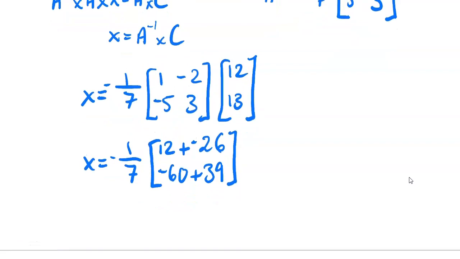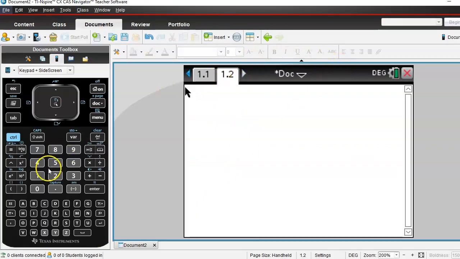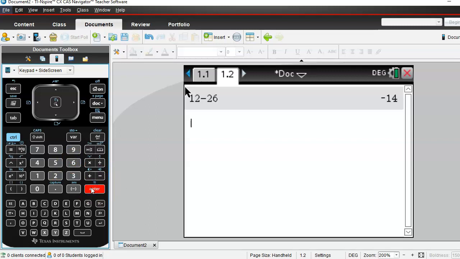Okay. So X equals negative 1 on 7, and I'll get my calculator to help me out. So 12 minus 26, negative 14, and negative 60 plus 39 gives me negative 21. Okay.